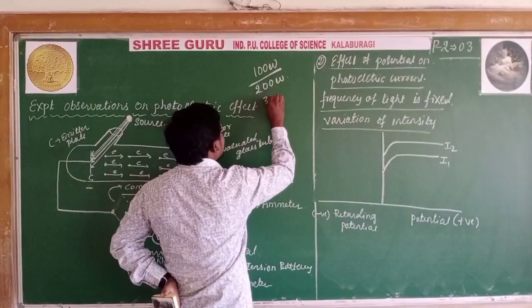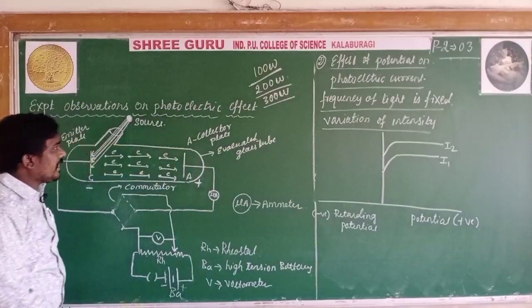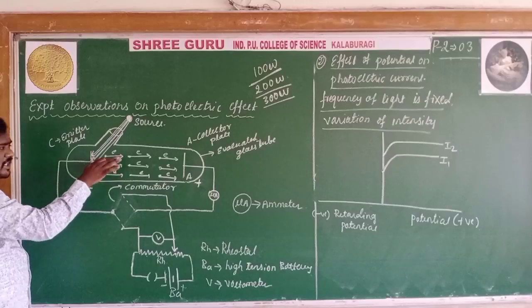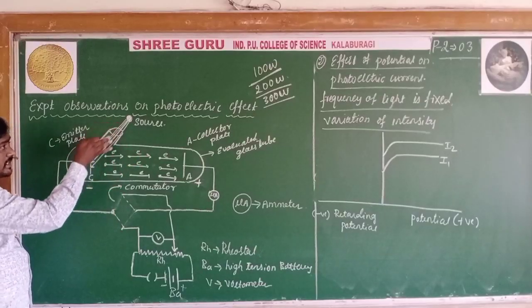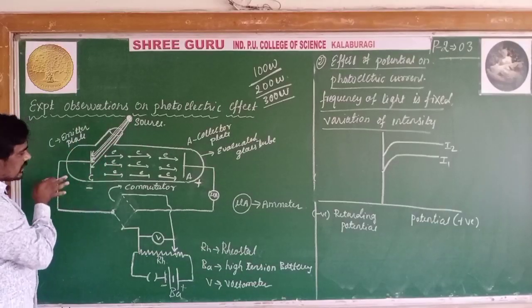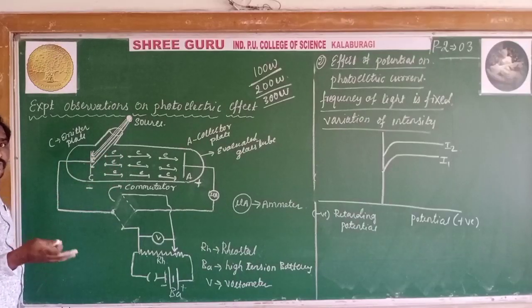Now I am going to increase the intensity to 300 watt. Intensity increases means initially it is 50, second intensity is 100, now the intensity increases, maybe 300, the 300 electrons are going to increase. I am just saying 300, 200 for the sake of understanding, it is not fixed.